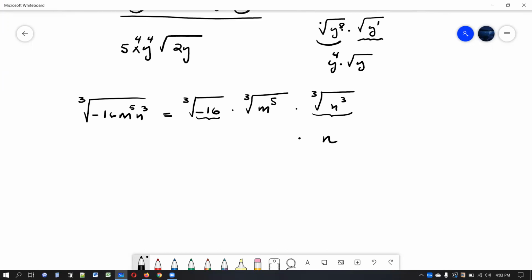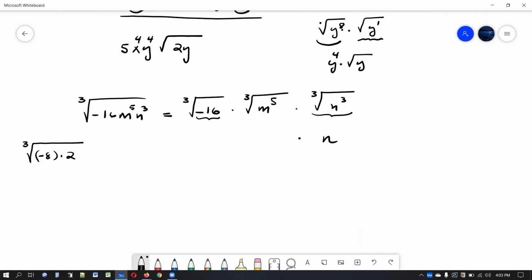The minus 16, I cannot find a number for the cubic, but I can certainly break it as minus 2 times 8. Actually, be careful here. Minus 8 times 2, and here's the cubic root.